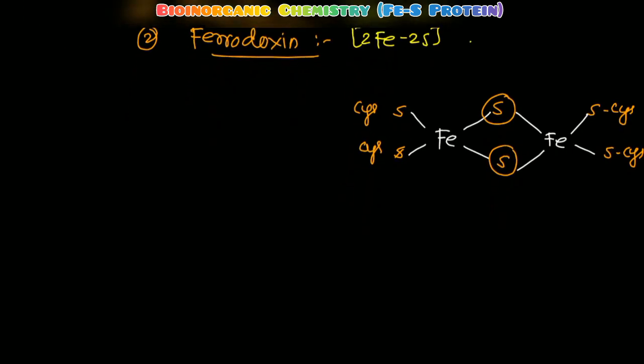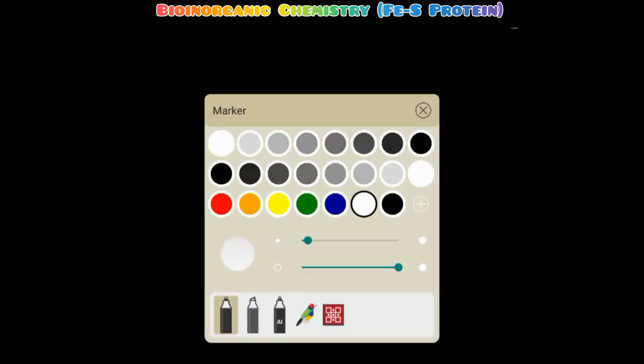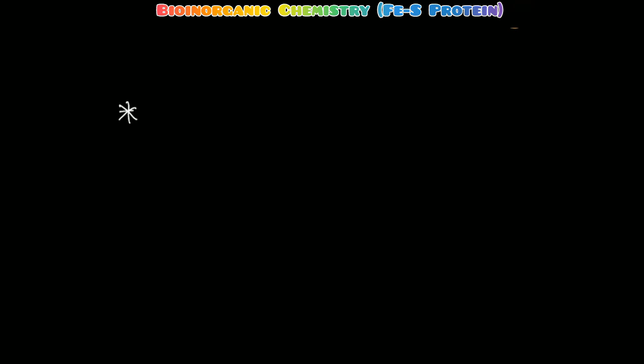One more example of an iron sulfur protein is called the Rieske protein. The Rieske protein is again a 2 iron containing system.